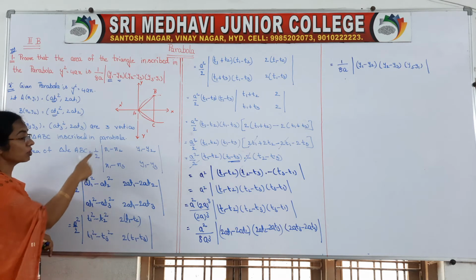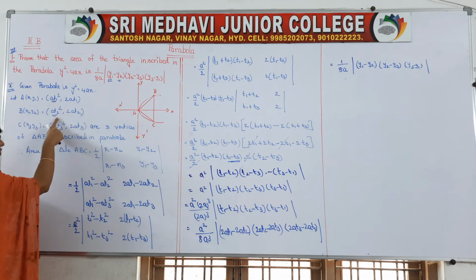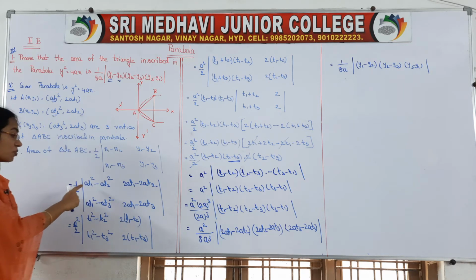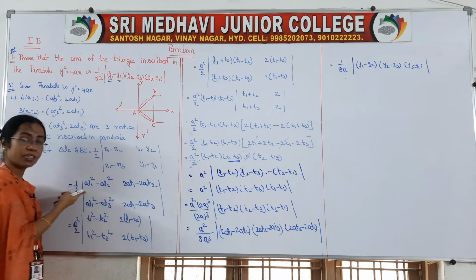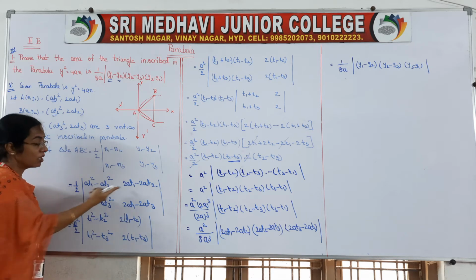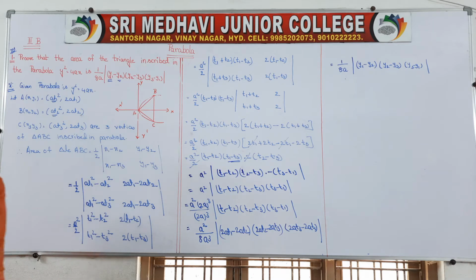So half into, you know, you consider these as x1 y1, x2 y2, x3 y3. Substitute. After substituting, from the first row we can take a common, and from the second row we can take a common: first row a, second row a into a square.